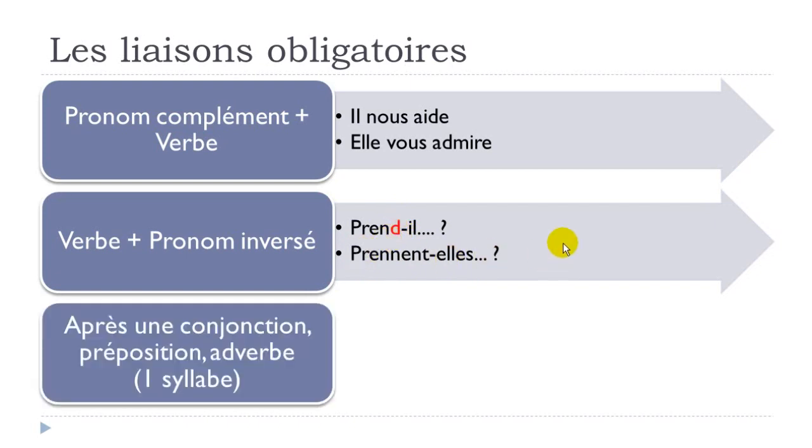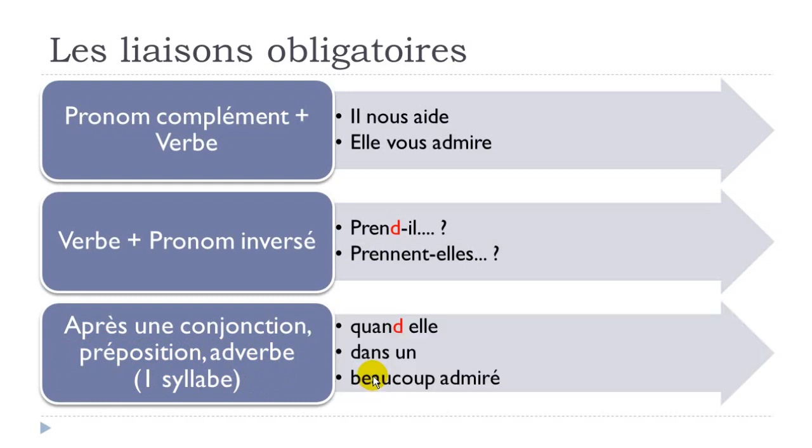And so if you want to construct a structure in which you will have whether une conjonction, so these little words that will link whether words or then sentences, or then if it's une préposition, many videos regarding that topic as well, or adverb, but then they should be only one syllable long, okay? So like that, quand elle, all right, same rule here. Remember, when you will have this d, you will phonetically pronounce it like t.